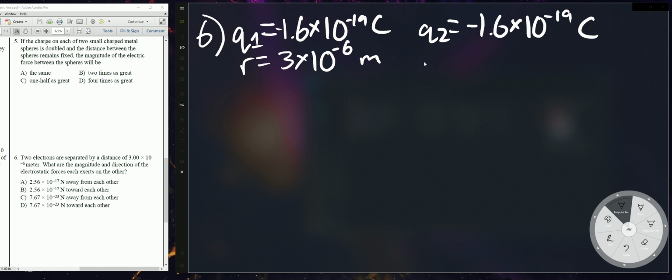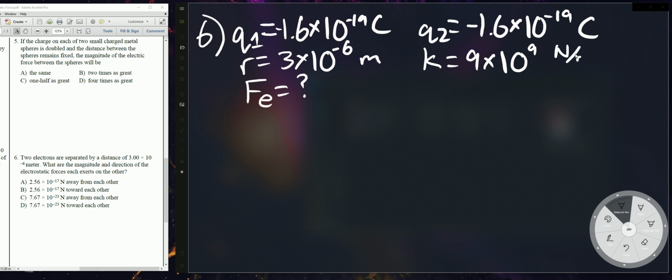Now, again, we want to find our electrostatic force, and we know K is 9 times 10 to the 9 newton meter squared over coulomb squared, and that doesn't really matter that much. We know the formula for electrostatic force is this formula right here. It's on your reference table.